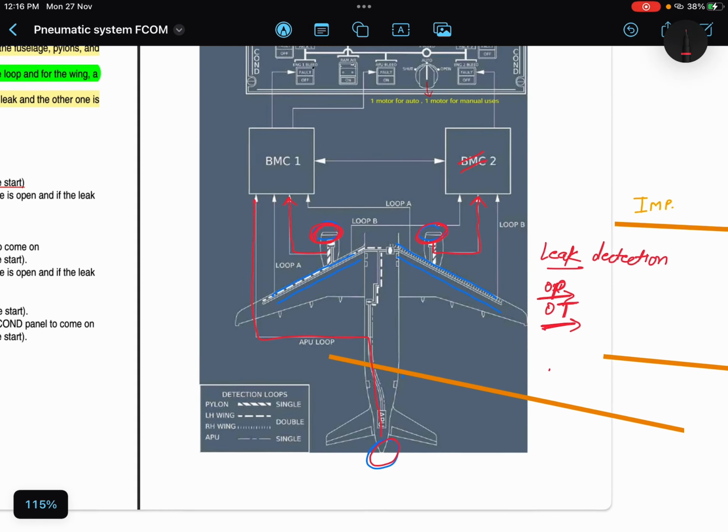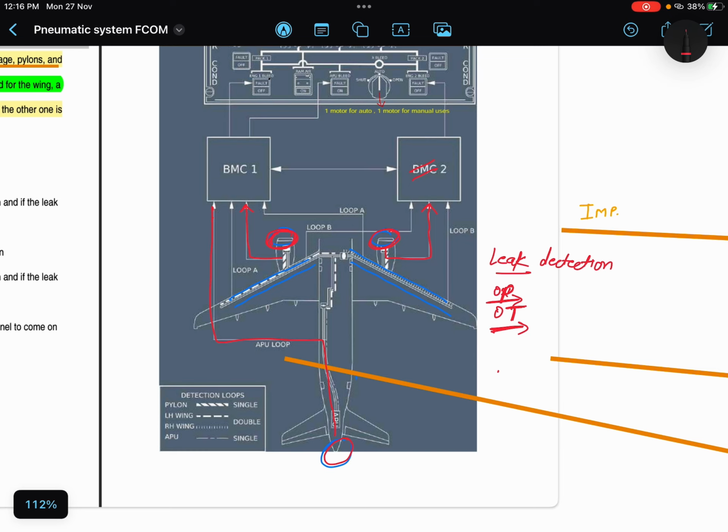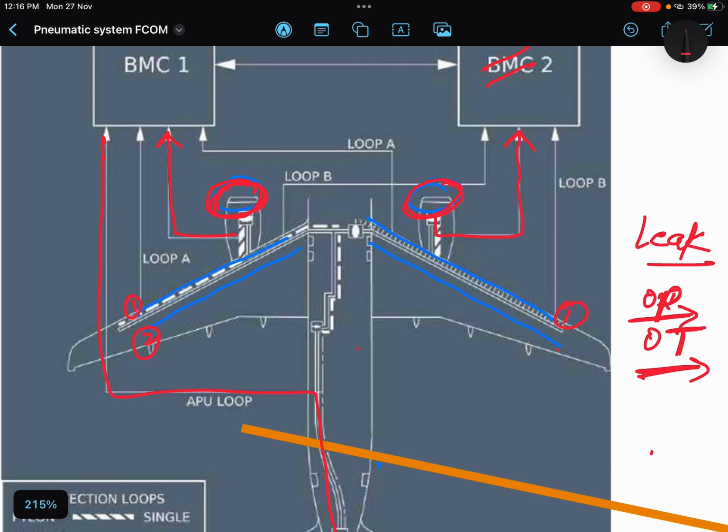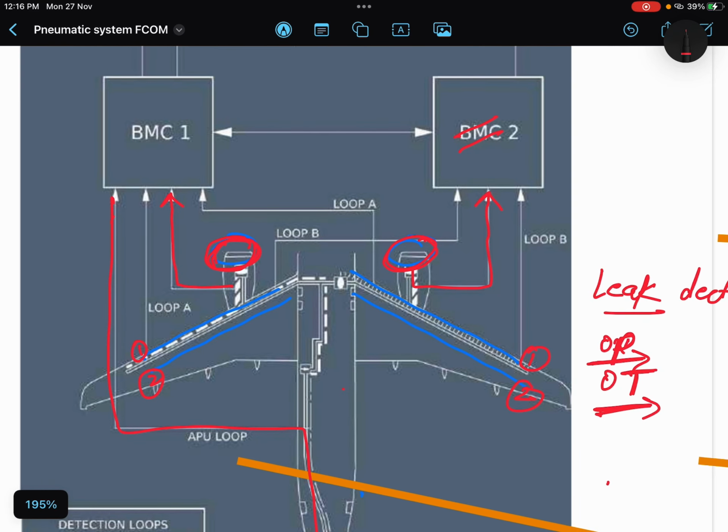Perfect. So now comes the wing leak. There are two loops for each wing to detect the leak, loop 1 and loop 2. One of them is connected with BMC1 and the other loop is connected with BMC2. Similar for the right side, one of them is connected with BMC1, the other loop is connected with BMC2. Now if any of the BMC fails, I am giving you an example.